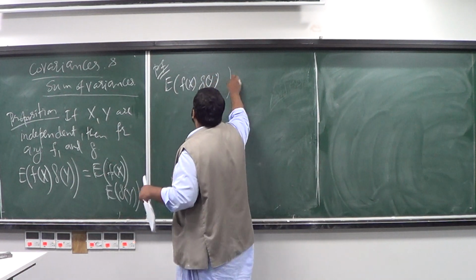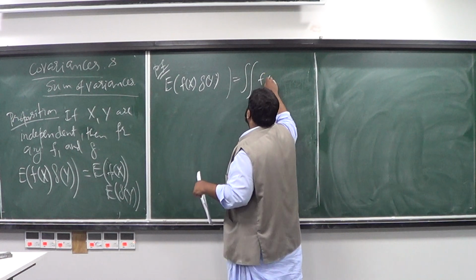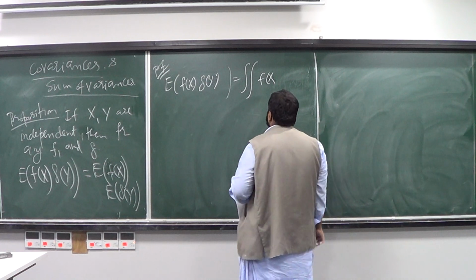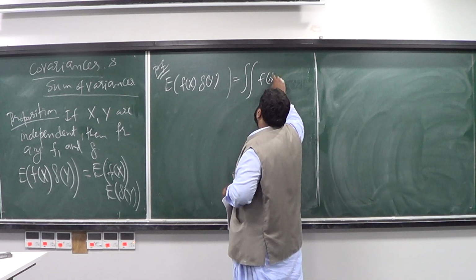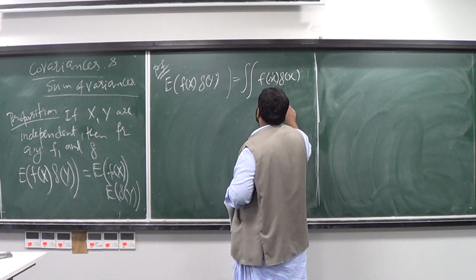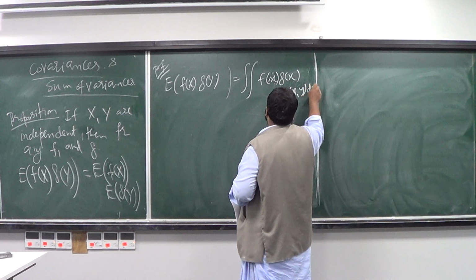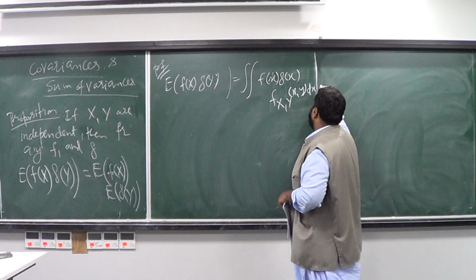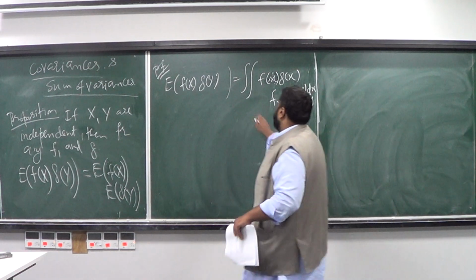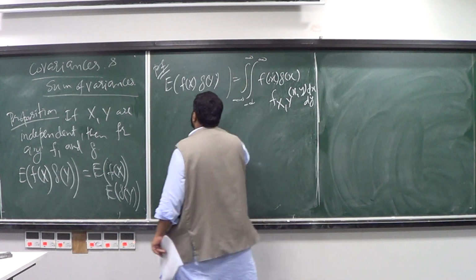So you compute the double integral of f of x multiplied by g of y times the joint PDF of X and Y, dx dy, from minus infinity to infinity, minus infinity to infinity.